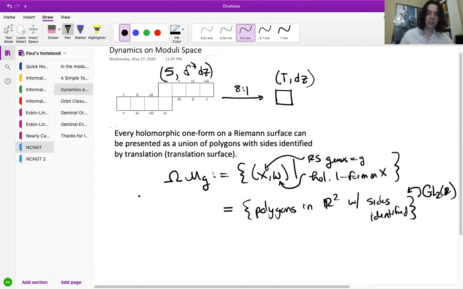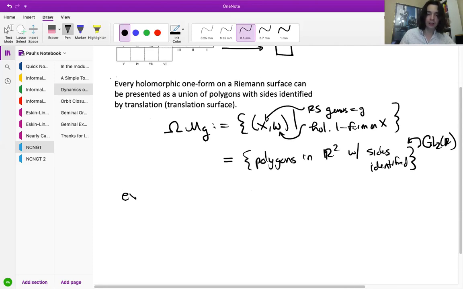And so what does this GL2R action look like? So if I drew a holomorphic one-form by these three squares with sides identified, recall our convention that opposite sides of the polygon are presumed to be identified if they're not marked.